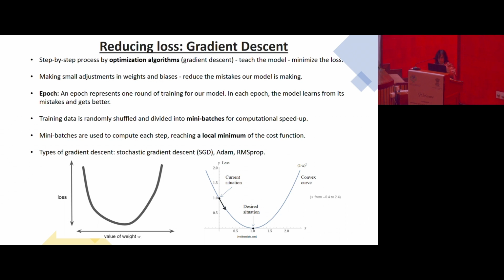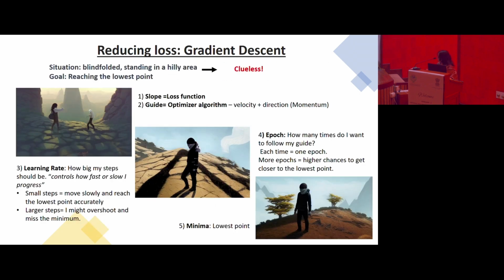With that situation, we will try to understand these keywords also, because in the next 3 days you will be hearing and doing a lot with these keywords. So the situation is like this: I am blindfolded and standing in a hilly area, and my goal is to reach the lowest point of the terrain, or the hill.